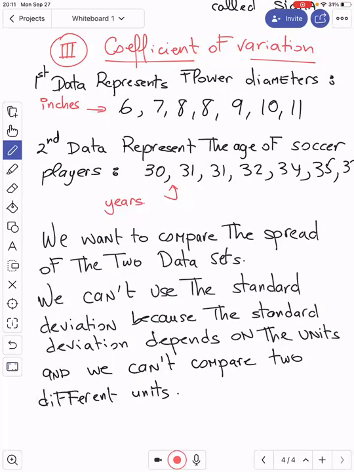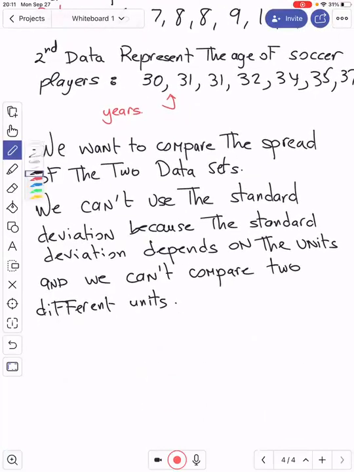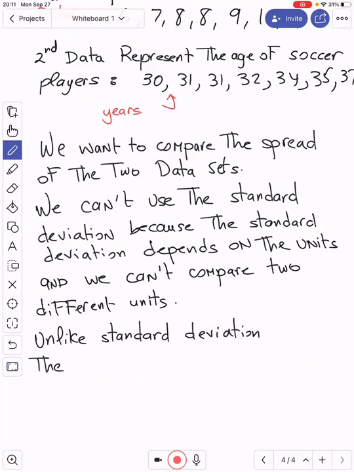That's why we're going to use this coefficient of variation. Unlike the standard deviation, the coefficient of variation is independent of units.